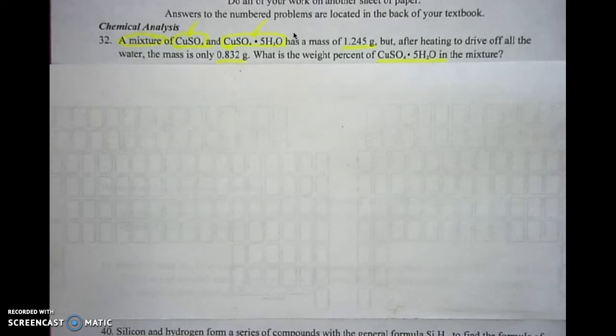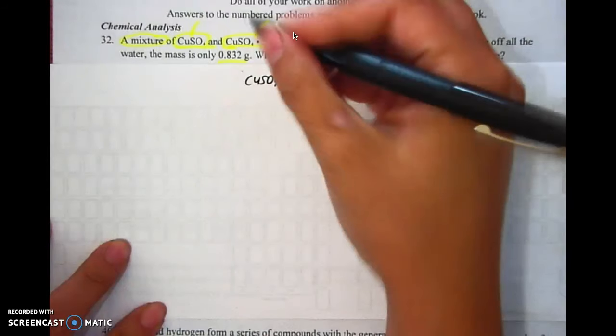You do have to look at this as a stoichiometry problem, but because you know what happens to the hydrate when you heat it, it's actually not that difficult to do. So we're just going to look at the reaction of copper sulfate pentahydrate breaking down when you heat out all the water.